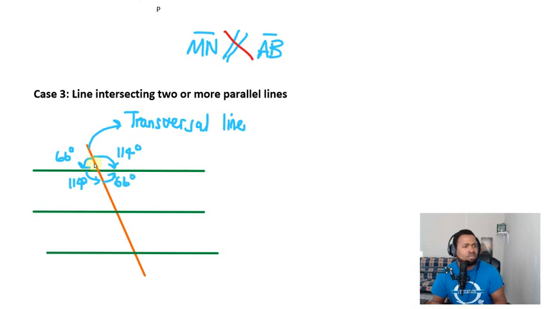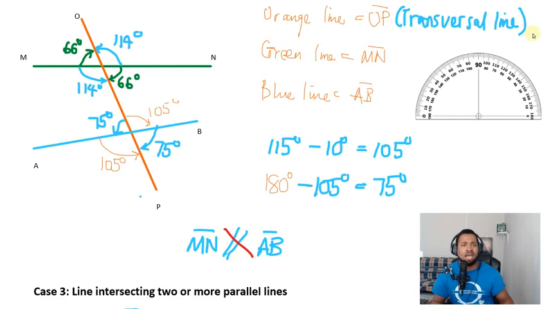And so what we see is that this line here, to check that it is parallel to this particular line right here, which is the green line, we are going to use our protractor and see whether they do give the same angle.